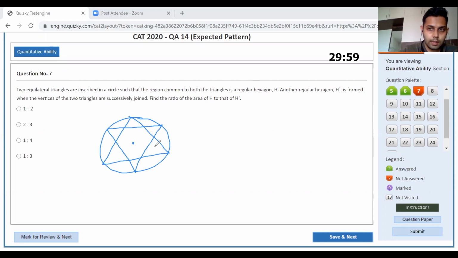Now they make a hexagon here, and this is one hexagon. This, this, this, this, this, and this. So outside there's one hexagon, inside there's a hexagon, right?